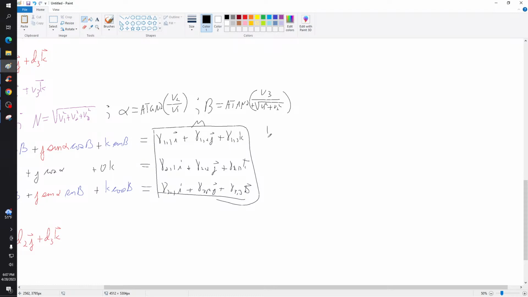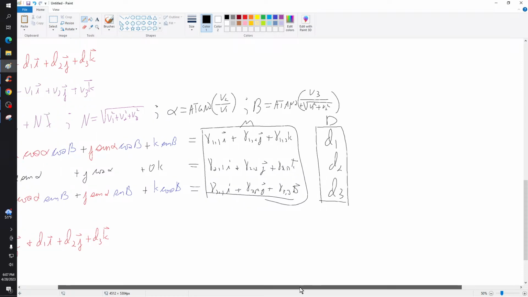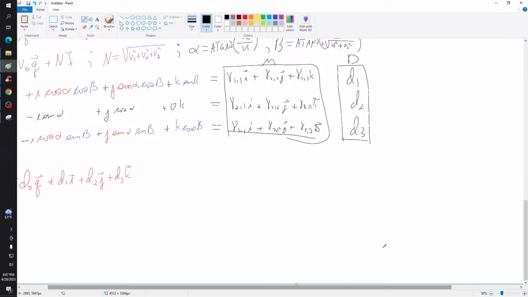We're going to put our D1, D2, D3. And what we're looking to solve for is the conversion.